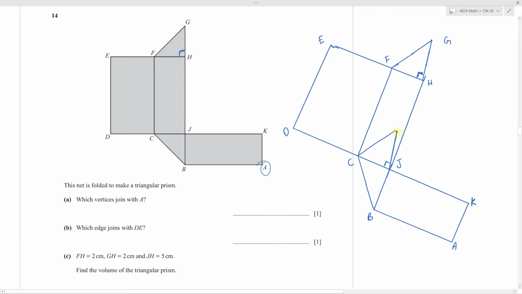So this will be like this, something like this. In fact, they'll be like same length, a little bit less maybe, since it's folded upwards. So now my A, which was here, has gone up here. B, which was here, has gone up here. C and J remain here, so I can erase this since I've folded it upwards into a vertically standing position. So now this is starting to look like a 3D triangular prism.